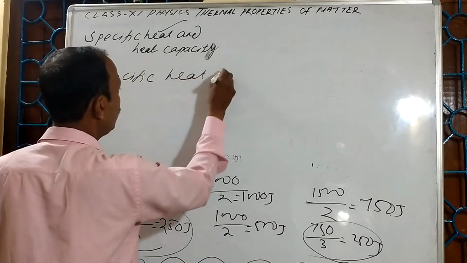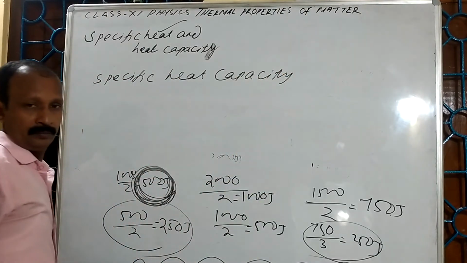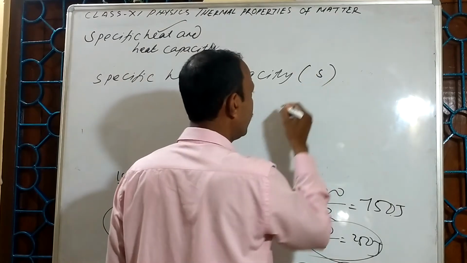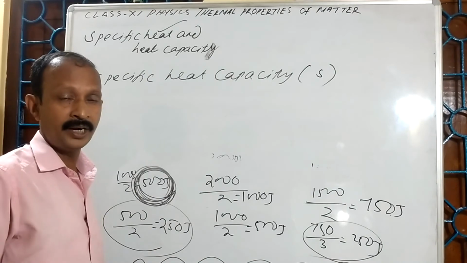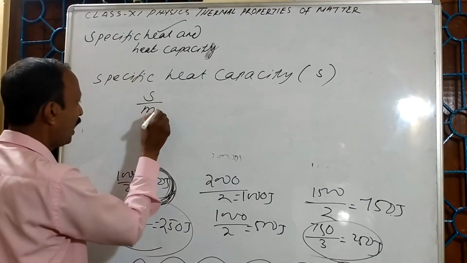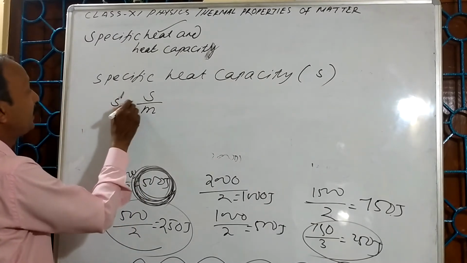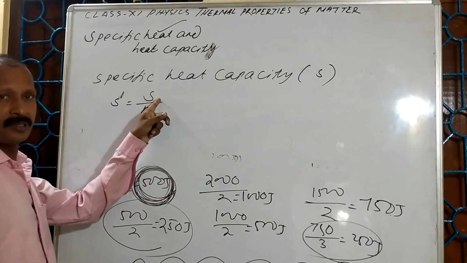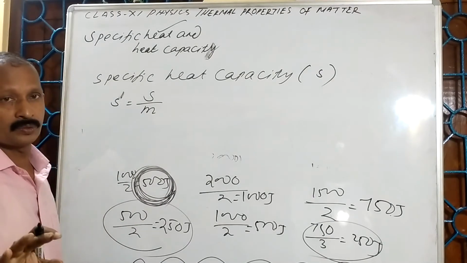Specific heat capacity. We can use the symbol small s for specific heat capacity. So what I said, the specific heat per unit mass, this is called specific heat capacity. S is the heat capacity upon mass of the substance.